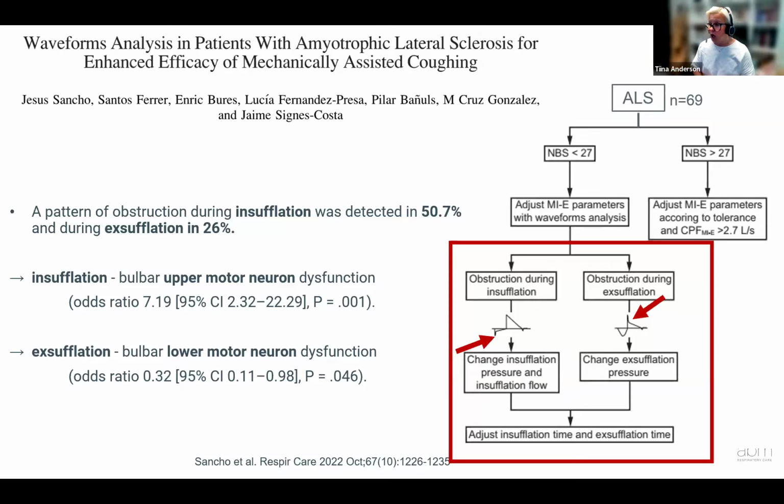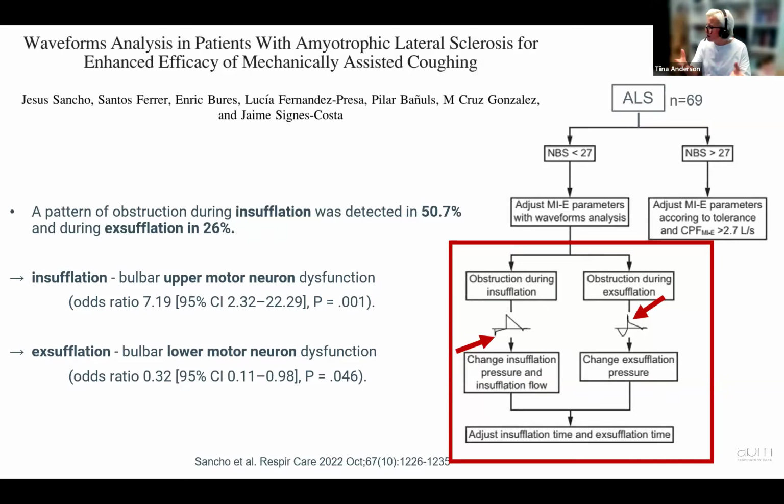neuron dysfunction. So the patients who mainly had problems with insufflation, closure, or obstruction, as they describe it, had upper motor neuron dysfunction, which gives more of a spastic paresis. And those patients who had obstruction mainly during exsufflation had mainly lower motor neuron dysfunction, more like a flaccid paresis.